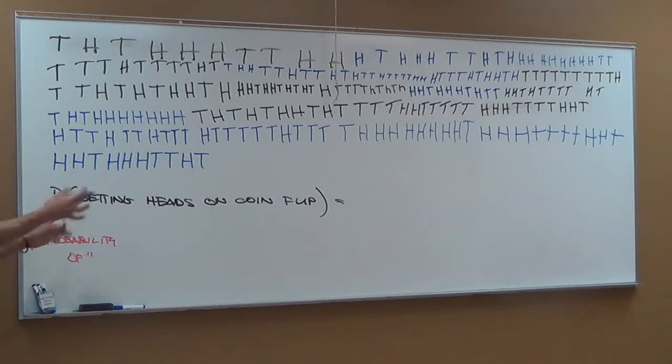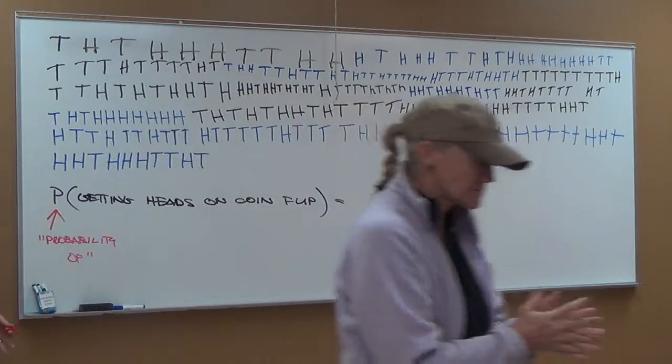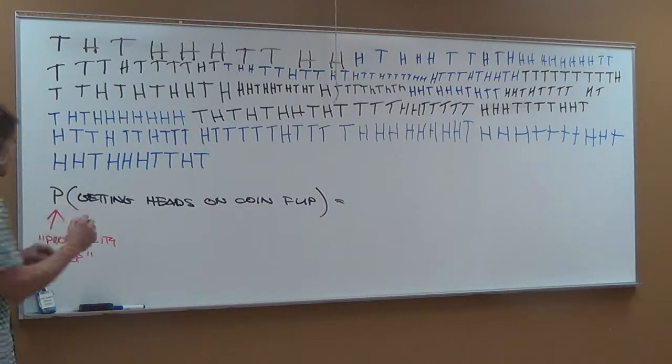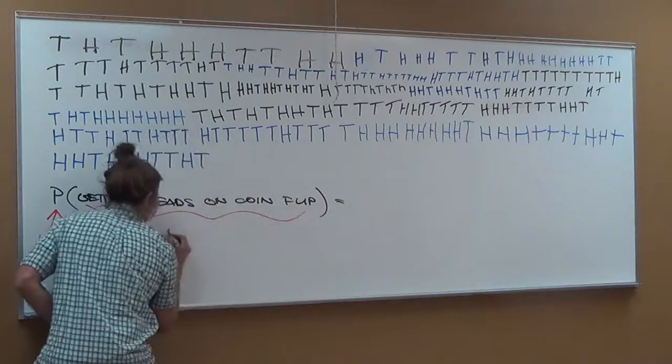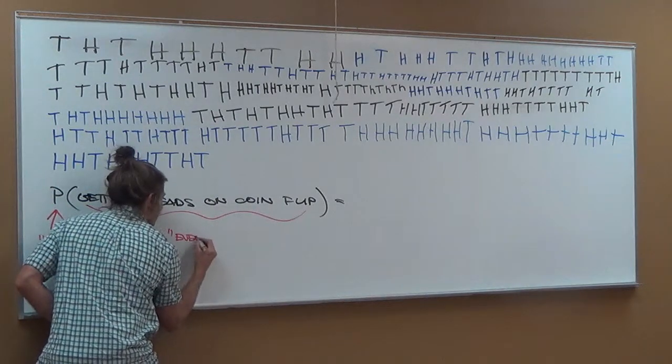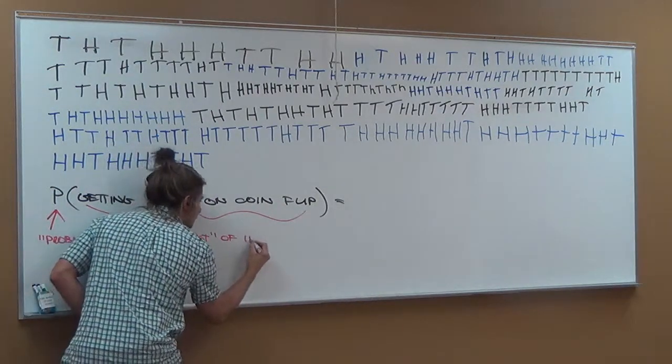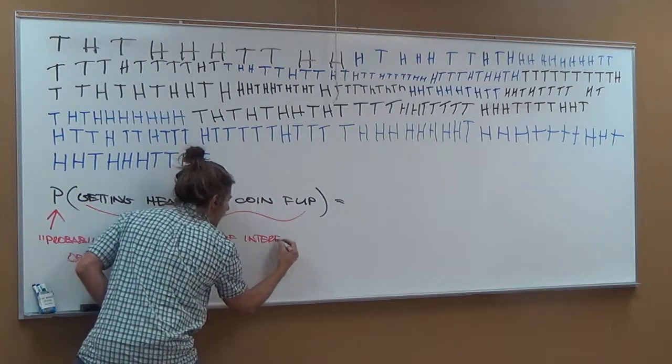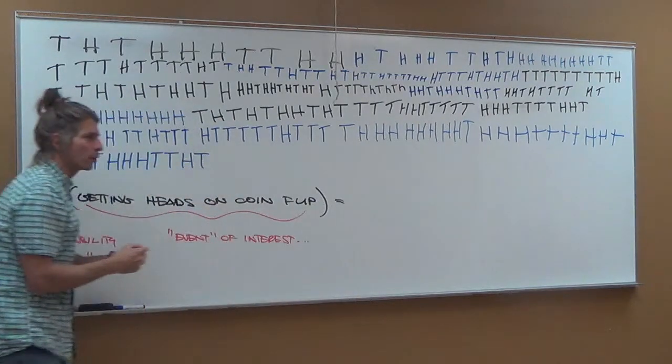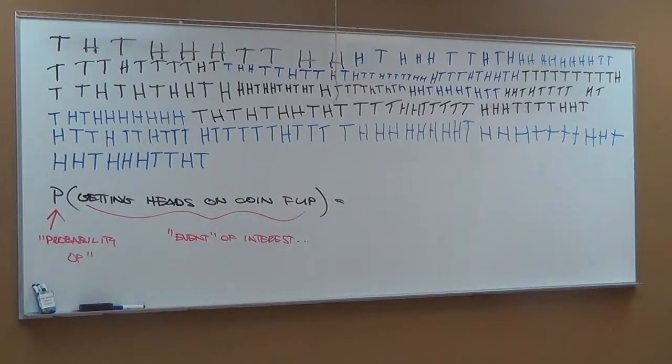And then what you put in the parentheses is the event you're talking about. And when I say event of interest, we'll come back to that. I got some formal definitions that I think will help us kind of colloquially converse about this as we go through today and Wednesday. We'll come back to that.